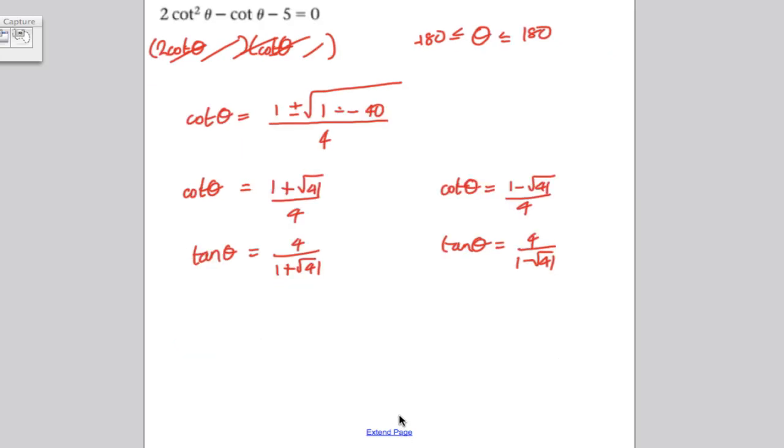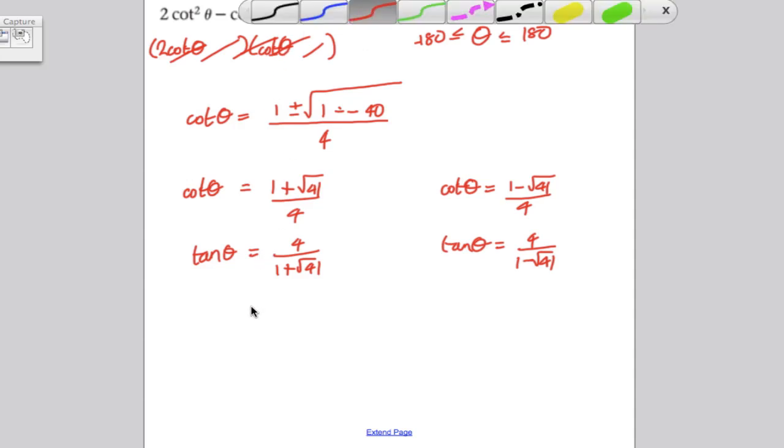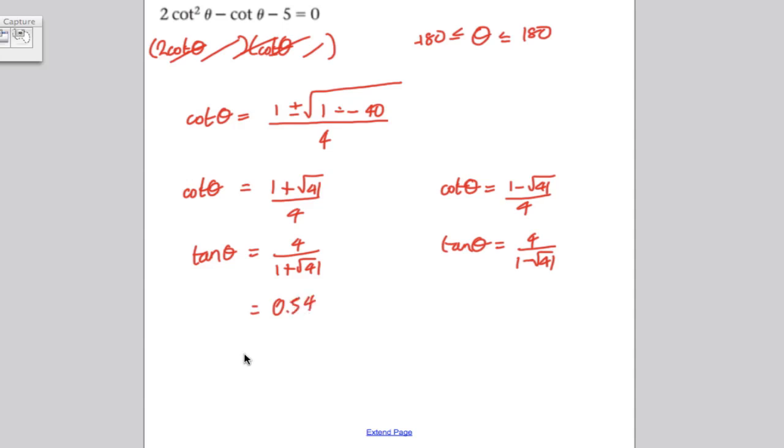So 4 divided by, let's type it in our calculator, 1 plus the square root of 41 would be 0.54. So theta would be the inverse tan of 0.54, which is 28.4 degrees.